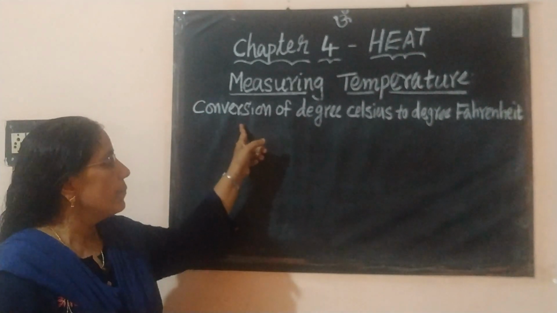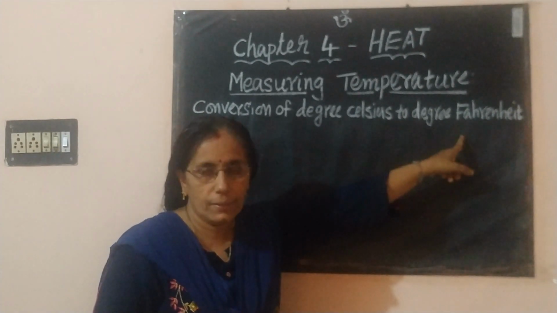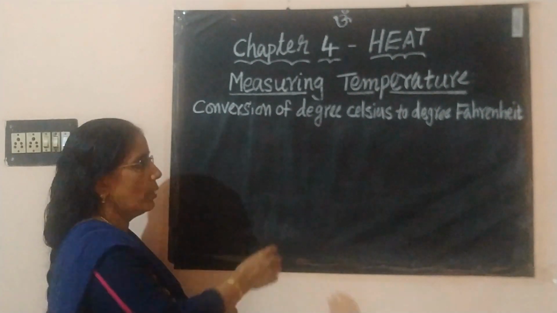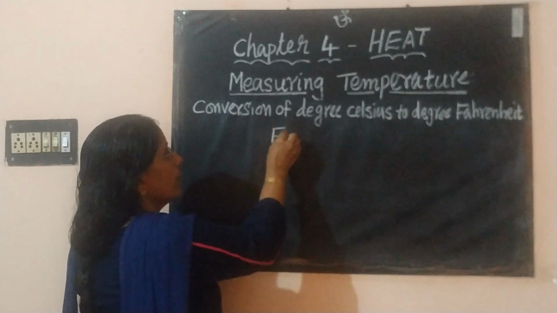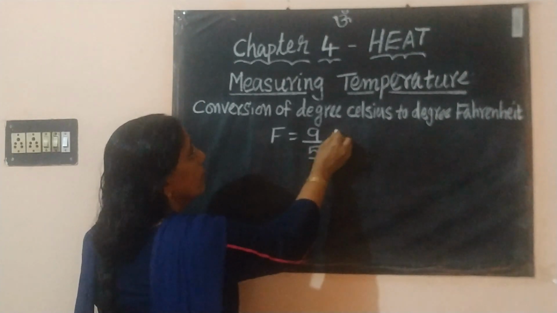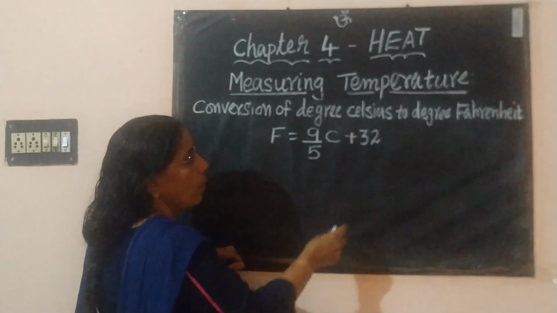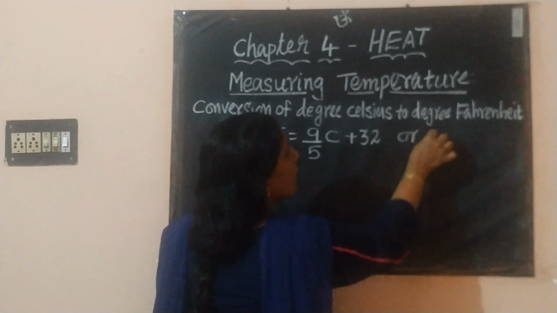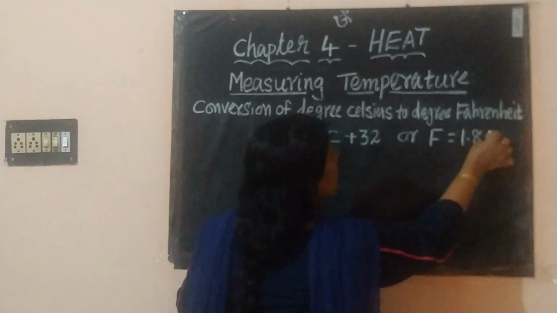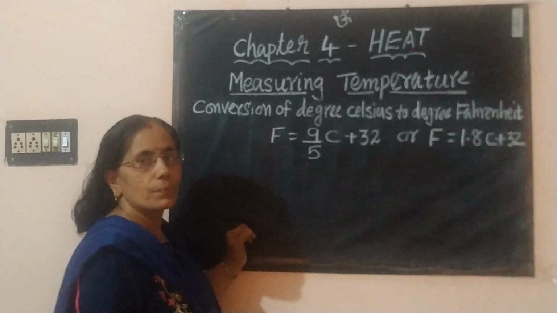First, we will see the conversion of degree Celsius to degree Fahrenheit. We can do this with the help of a formula. F is equal to 9 by 5 C plus 32, or F is equal to 1.8 C plus 32.